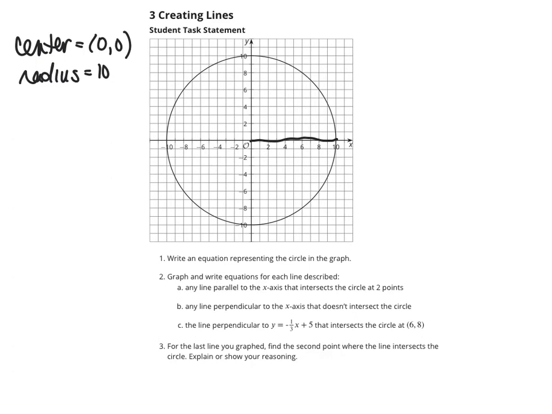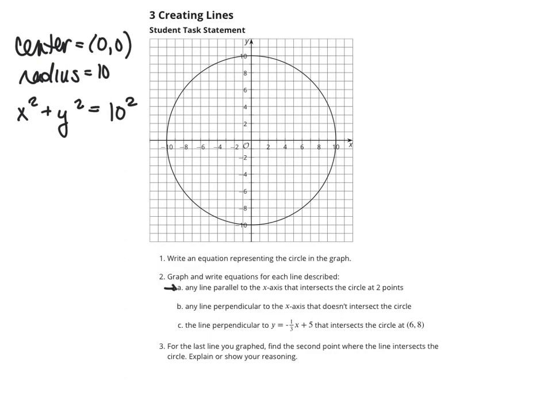So if I write an equation there, I'm going to have x minus 0 squared plus y minus 0 squared equals 10 squared. All right, I can write 100 there if I felt like it. That works fine too. So write and graph equations for each line described.